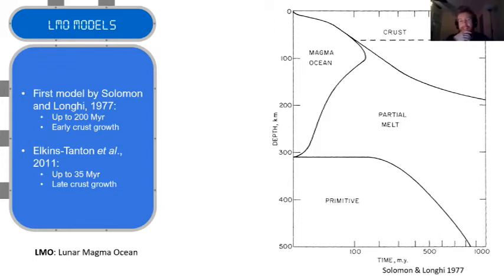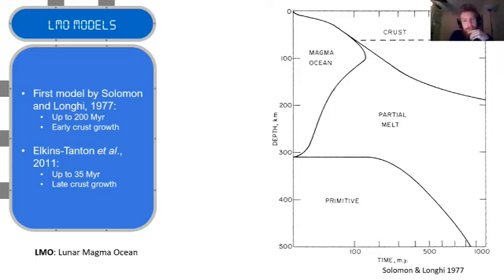I think the initial depth was between 200 and 400 kilometers. So in this case, you can see the evolution of the time series of the bottom of the crust here and of the magma ocean. So you see it starts a bit more than 300 kilometers. They considered, as I said, a fairly shallow magma ocean.